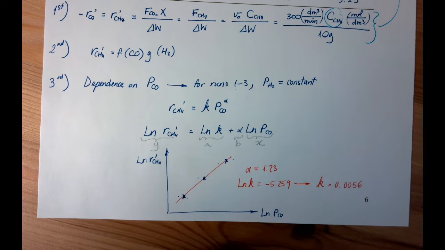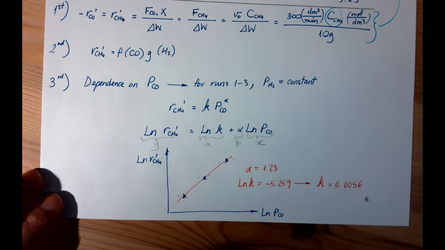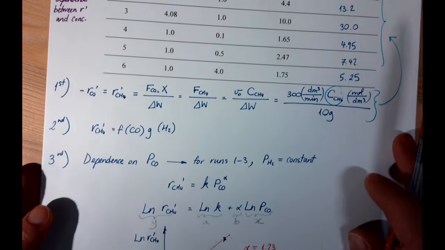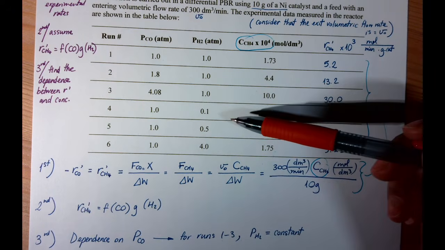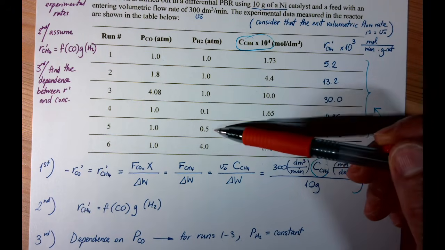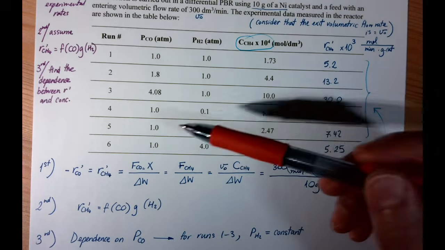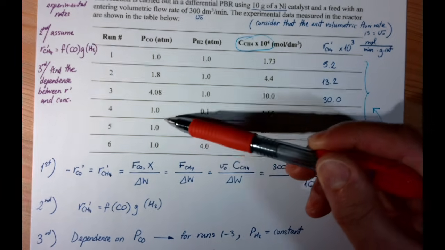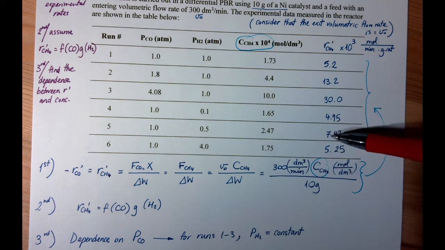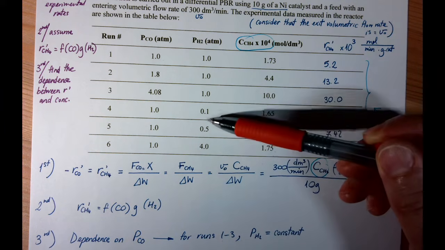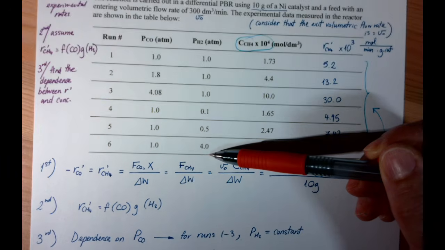Okay, but we're not done, because we now need to see how things vary when the partial pressure of hydrogen varies. So now we're going to find places where the partial pressure of hydrogen is changing, but the partial pressure of CO is constant, because that way we'll be able to analyze how the rate varies only when the partial pressure of hydrogen varies.